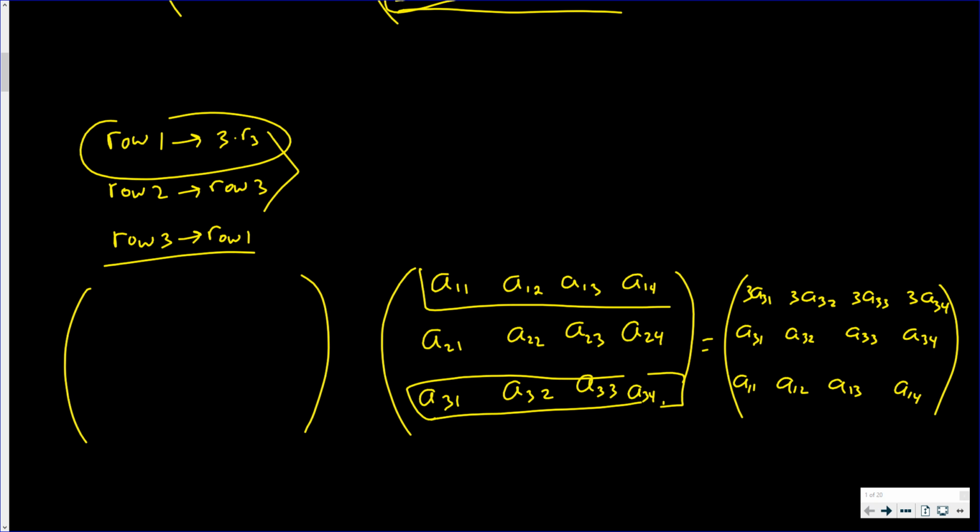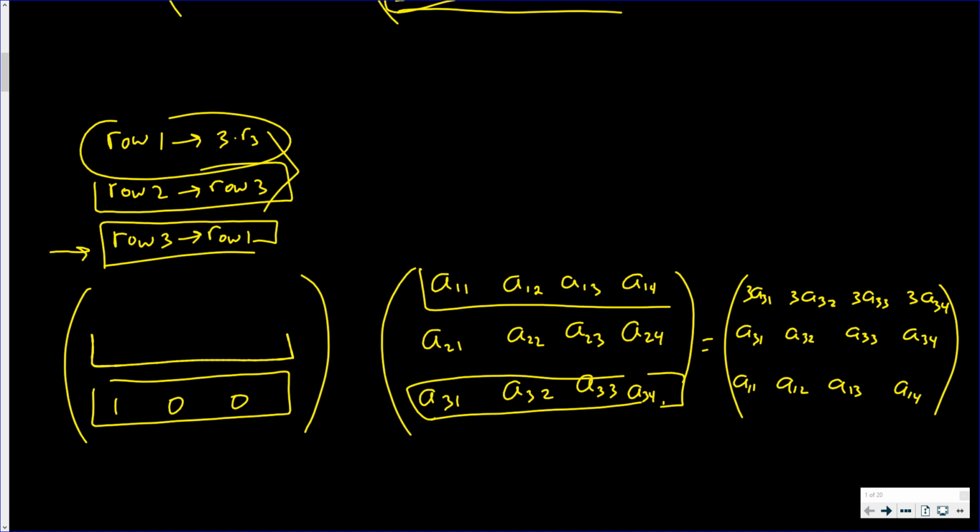Now, let's go. I like to do the interchange rows first because they're easy. I want row 3 to become row 1. So I put the normal row 1 identity there. And I want row 2 to become row 3.